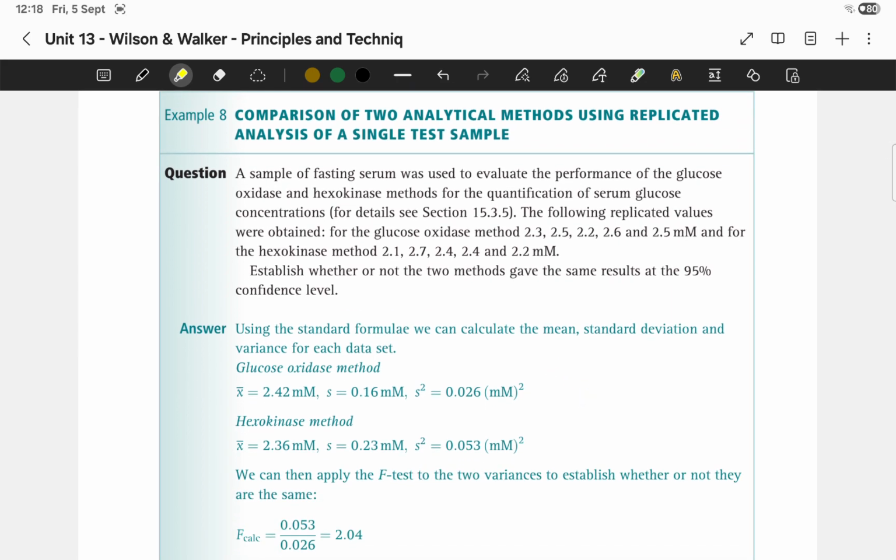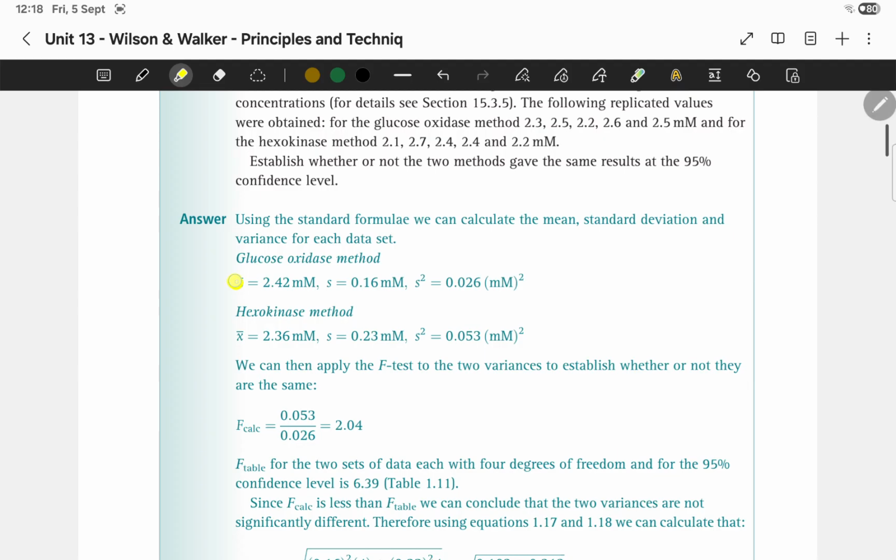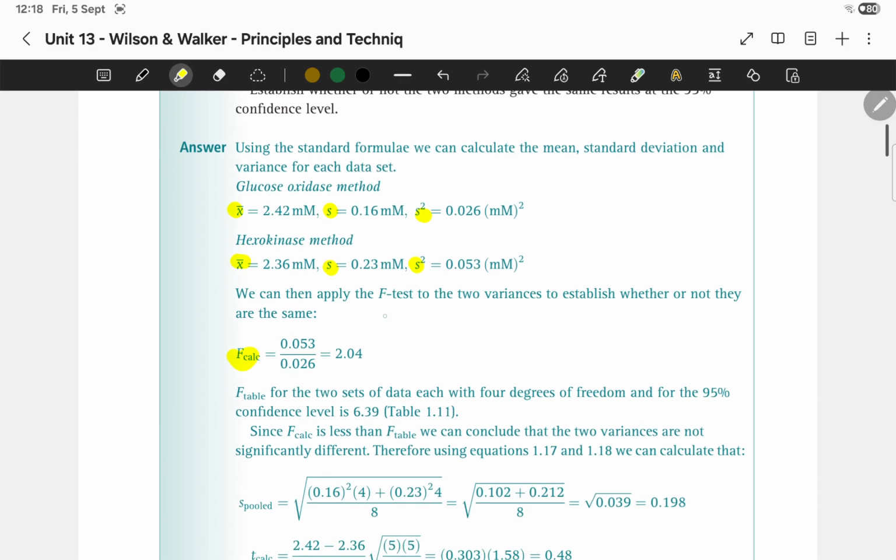So x bar, s and s squared. F calculated is found. F is the ratio of the larger variance to the smaller variance.